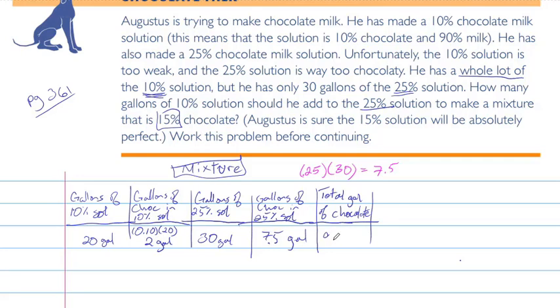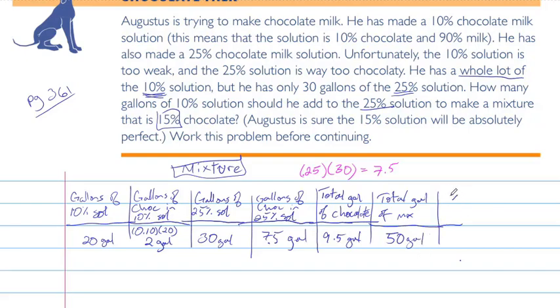So that's going to be 9.5 gallons. And then how much liquid altogether do we have? Well, let me call this total gallons of the mix. And that's the 30 gallons of the 25% solution that we're starting with, and the 20 gallons of the 10% that we're adding in there. So this is 50 gallons.